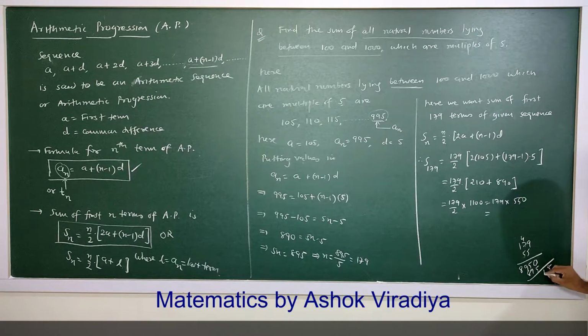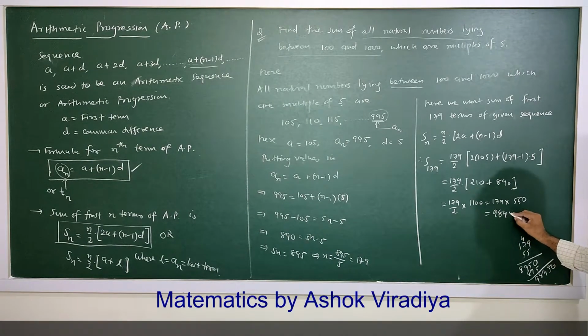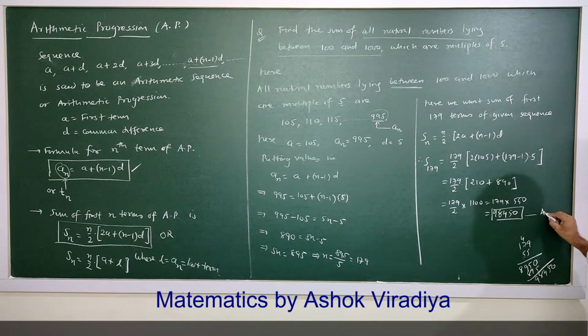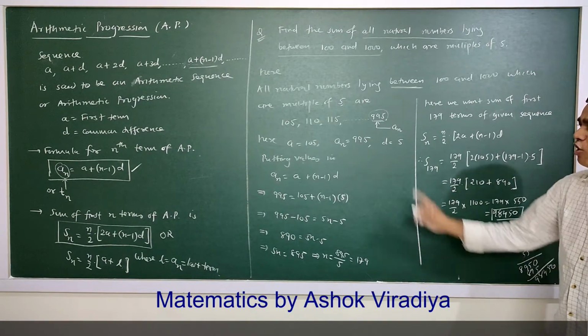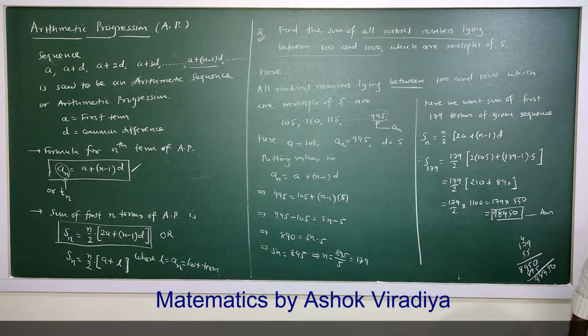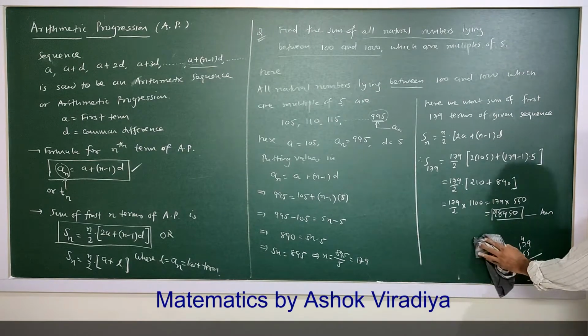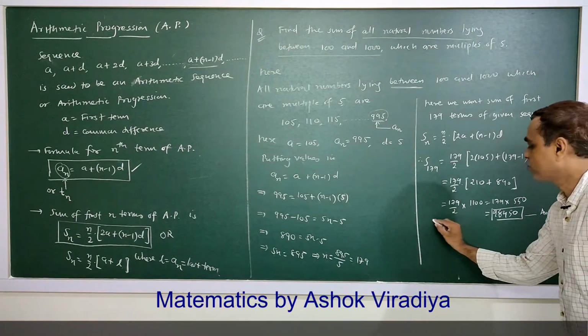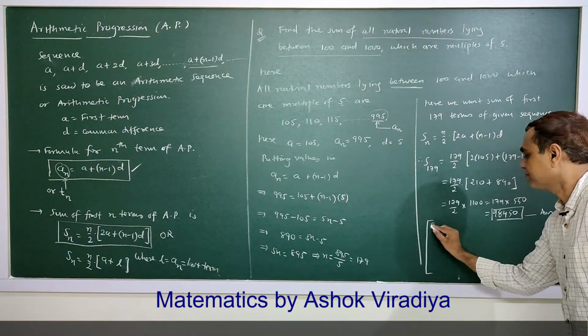So 98450. 98450, so this is the answer. It is the sum of all the terms between 100 and 1000 which are multiples of 5.